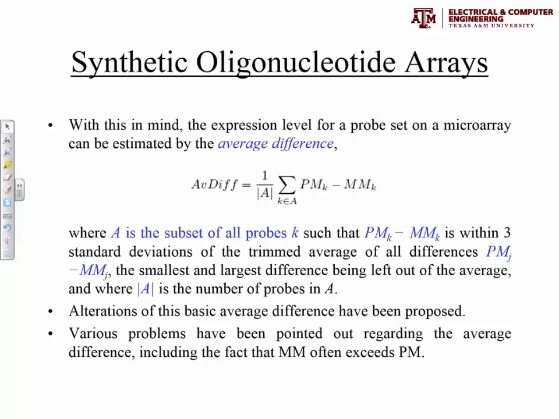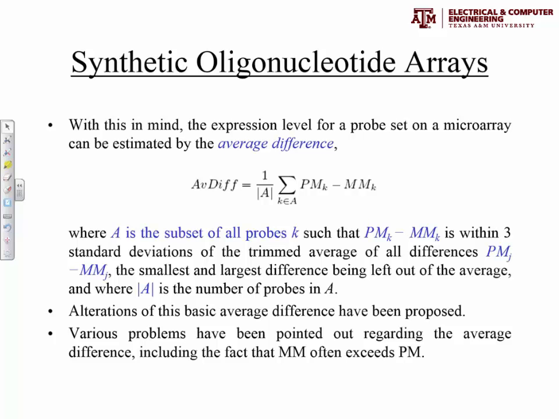So with this in mind, the expression level for a probe set on a microarray can be estimated by the average difference, where you take the perfect match minus the mismatch reading, and then average these differences over all the probes where the variation is not too much.